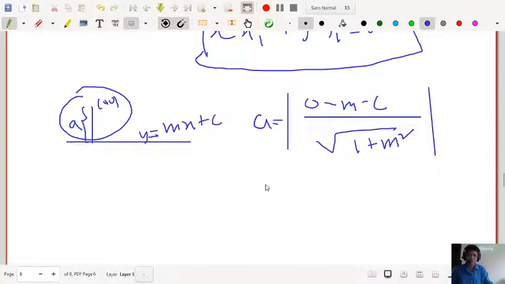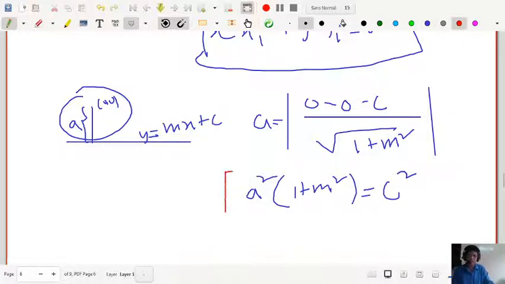This will be 0 into m, that is 0. If you square both sides, you will get a square into 1 plus m square equal to c square. This is the condition of tangency.